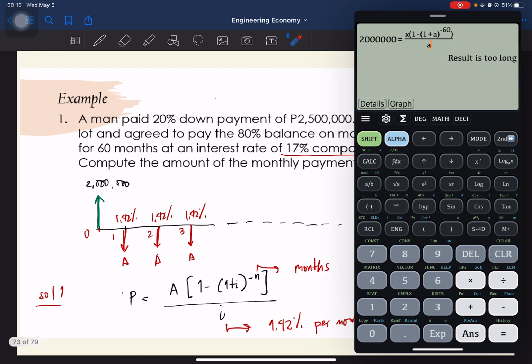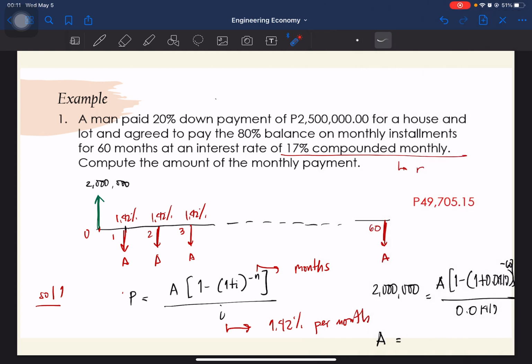So anyway, let's try. That's 40 point, let's store din sa B. Tapos 2 million divided by B. That's 49,705.15.